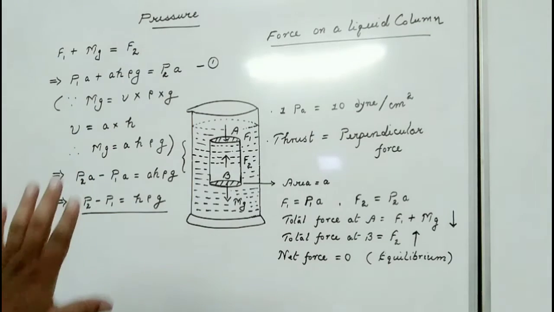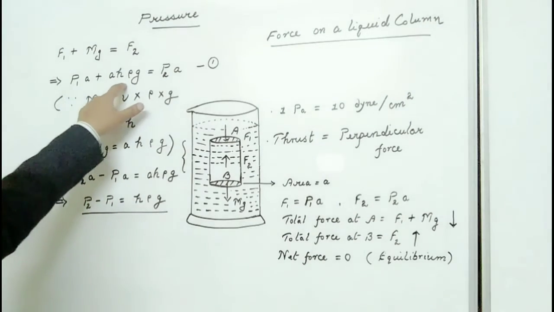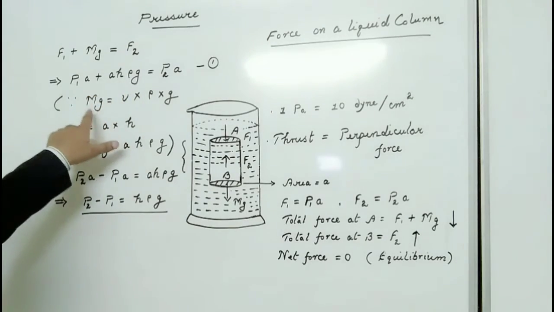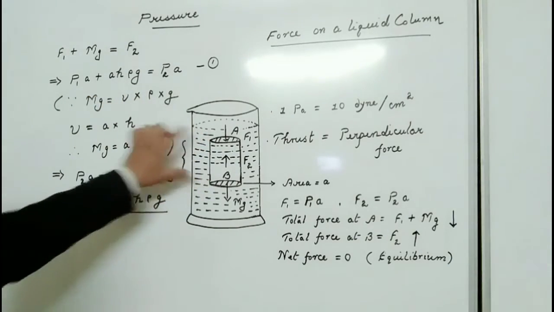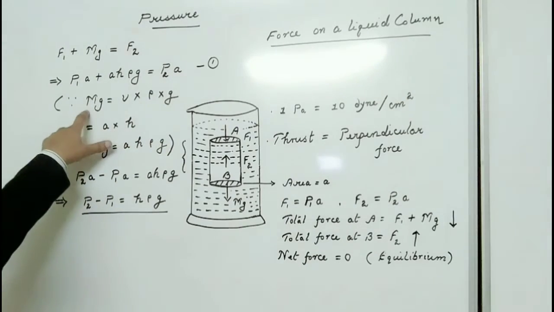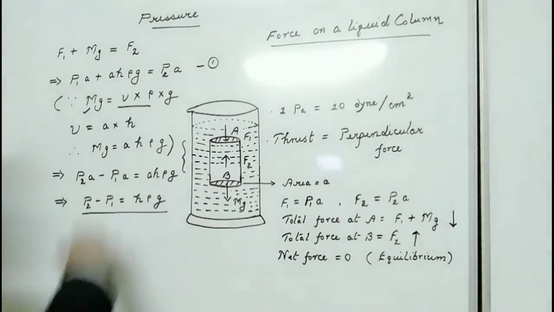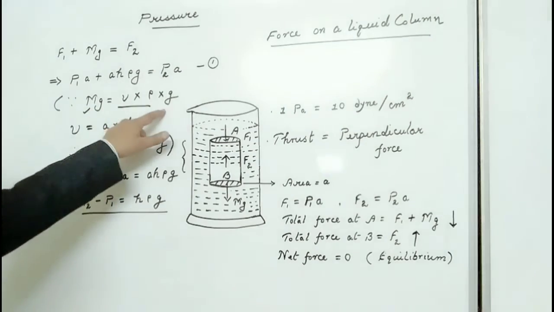Now what is AH rho G? Just see the derivation for this. We have the weight of this body, mg, equal to volume into density into g. Volume into density means mass, right? So the mass can be written as volume into density, and g as it is.